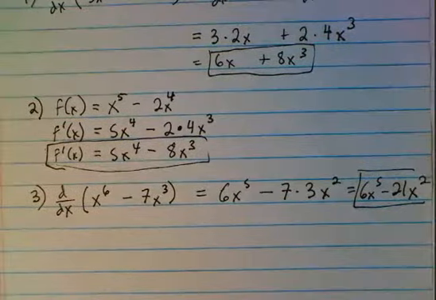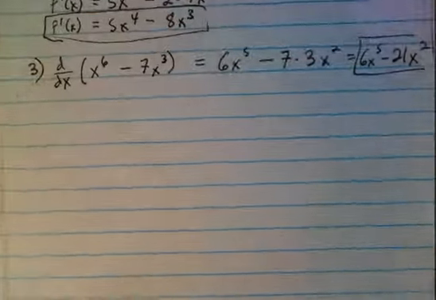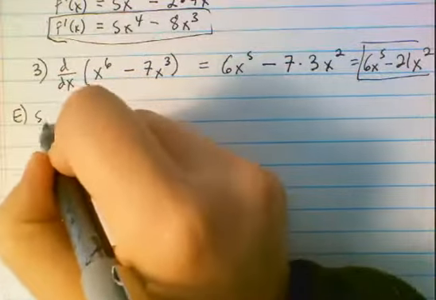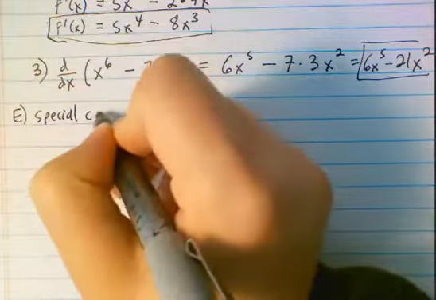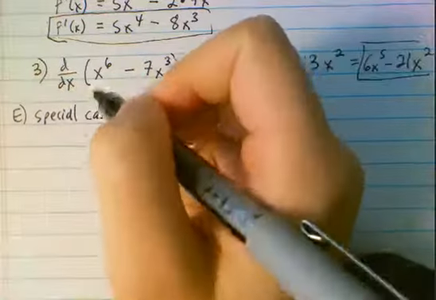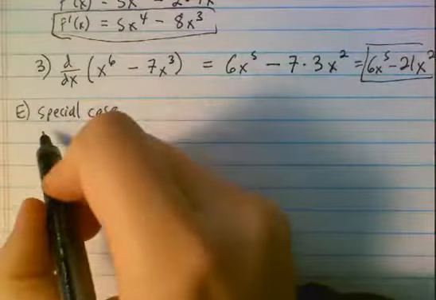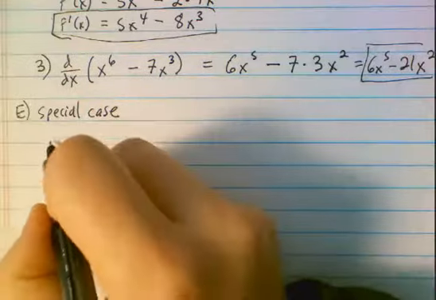There is one special case that tends to trip people up that I want to go over really quickly. And this isn't any different from the stuff that we've been doing. It's just looking at what happens in this case.